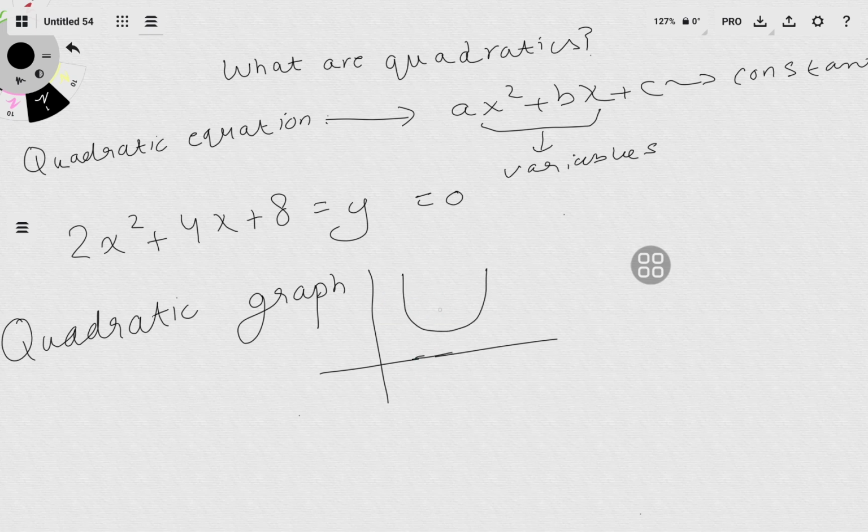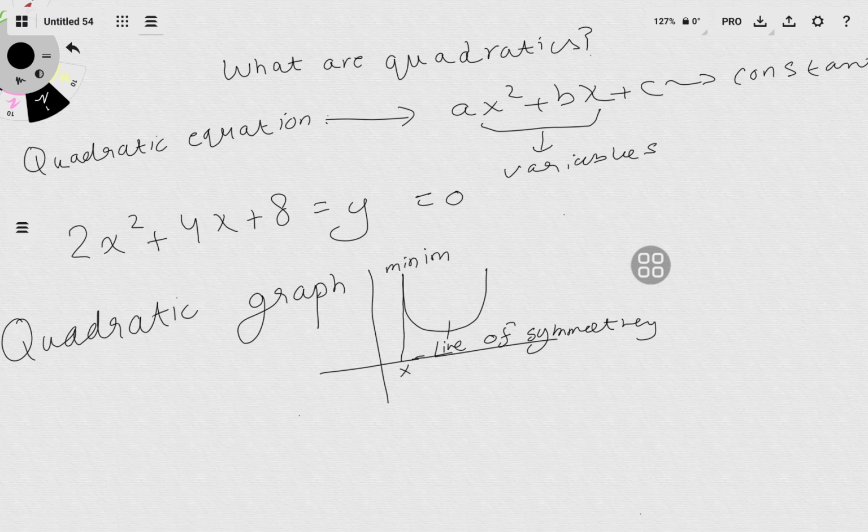On this graph there will be a turning point and the line of symmetry, where the minimum is. Like this is an x-axis, right?